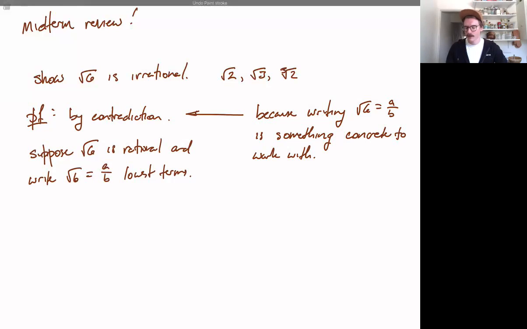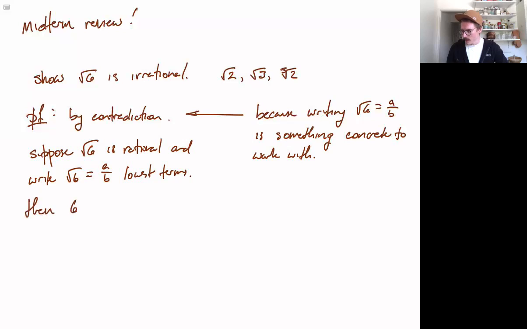Something like this. So let's try and follow the same strategy and see if we get hung up. Then squaring both sides, 6 equals a squared over b squared. And rearranging a little bit more, 6b squared equals a squared.